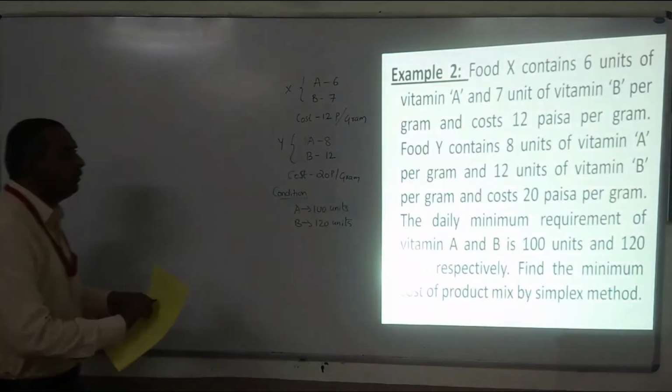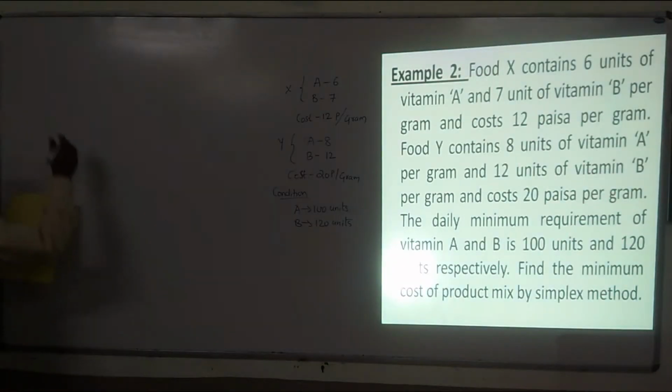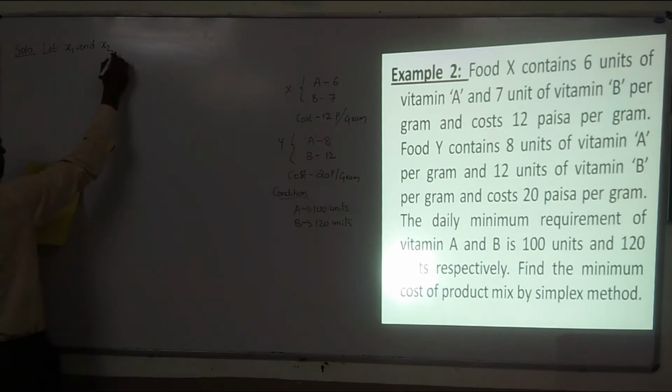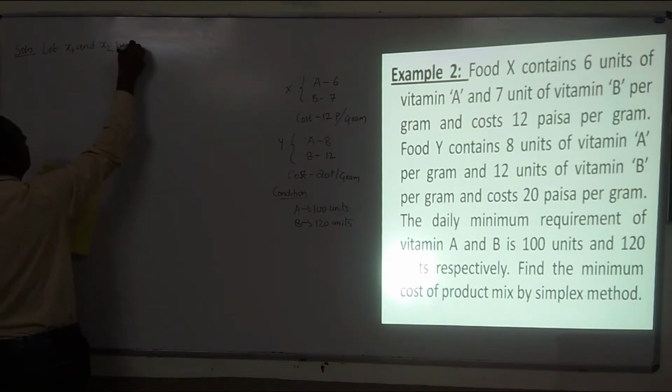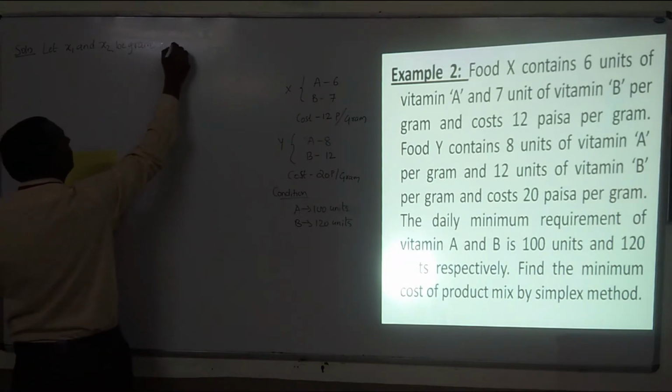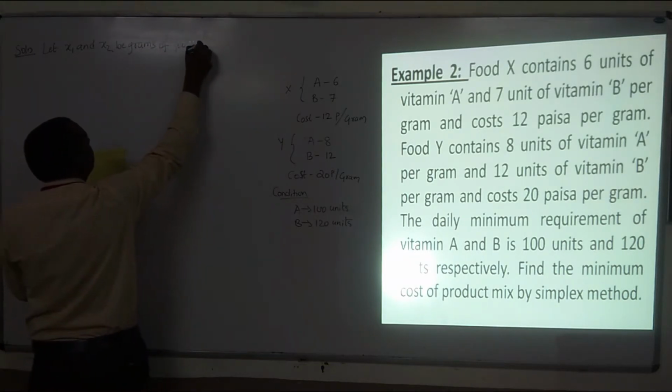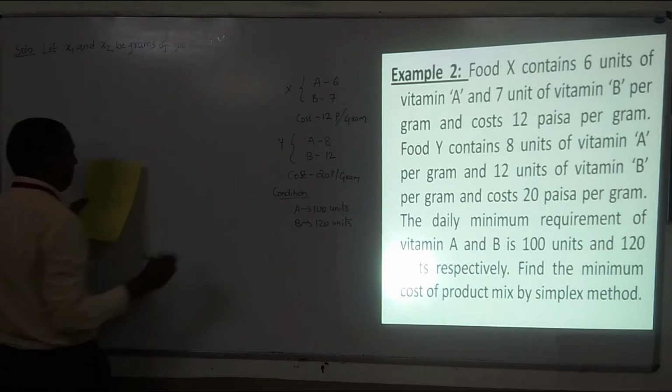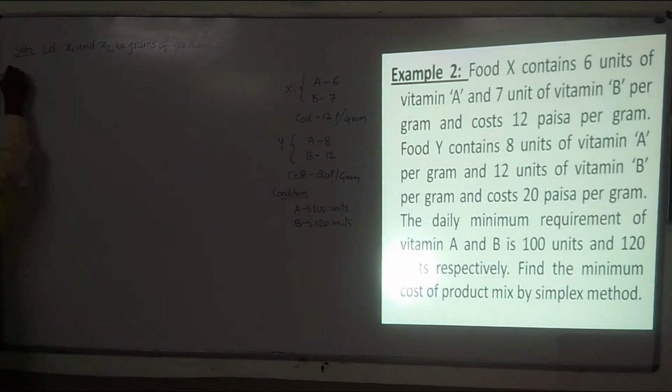So first we need to formulate the LPP. Let me write once again. Let x1 and x2 be the grams of food X and Y to be purchased.